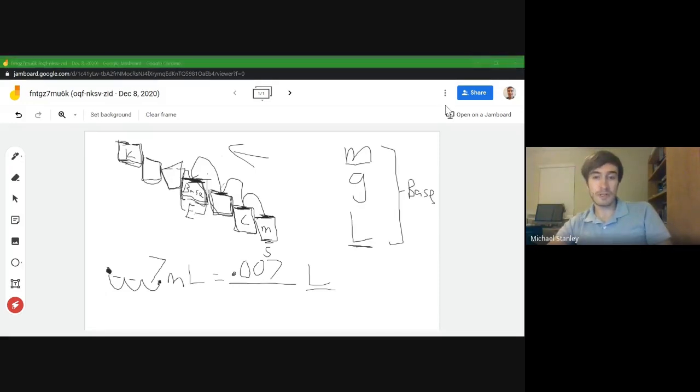So for the daily assignments for today and tomorrow, they all deal with these metric units and what they represent and how to convert between them.